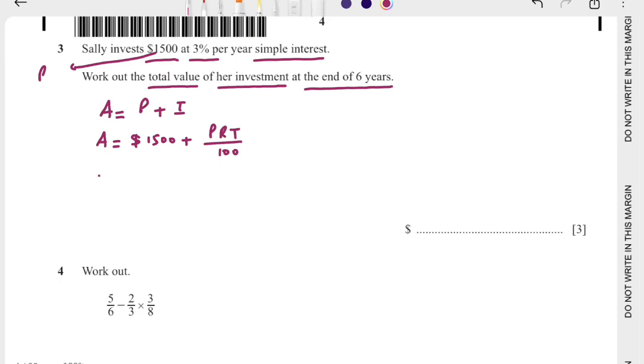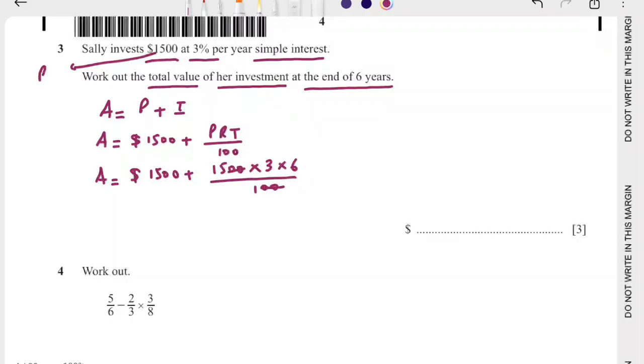So we will substitute values. Amount will be equal to $1,500 plus 1500, rate of interest is 3, time is 6 years, divided by 100.